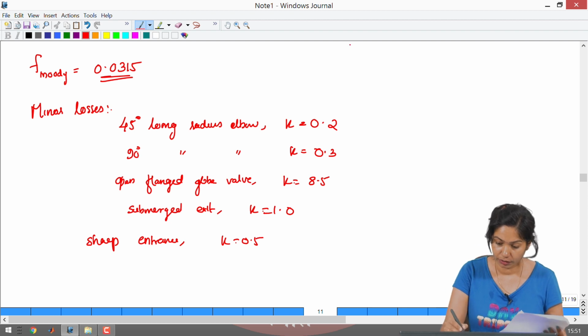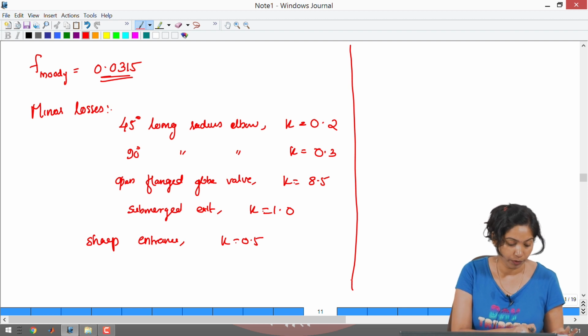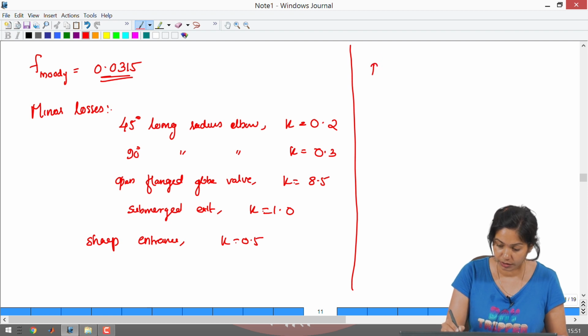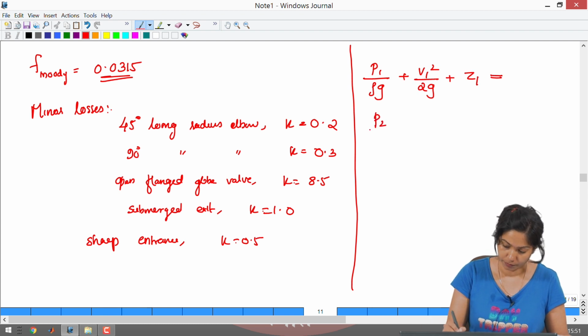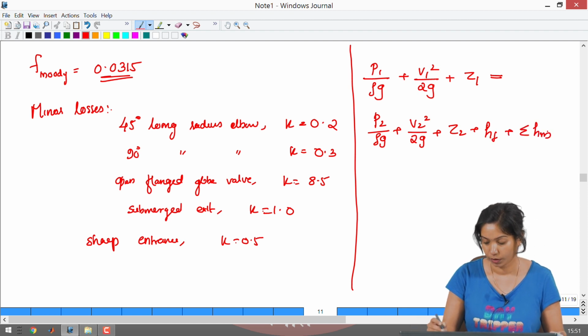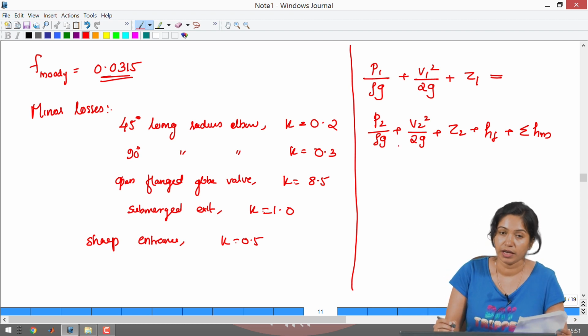If we write the energy equation between point 1 and point 2, which is the reservoir surface, we can write the relation as follows. Since we are considering point 2 as the reservoir, the gauge pressure will be 0.